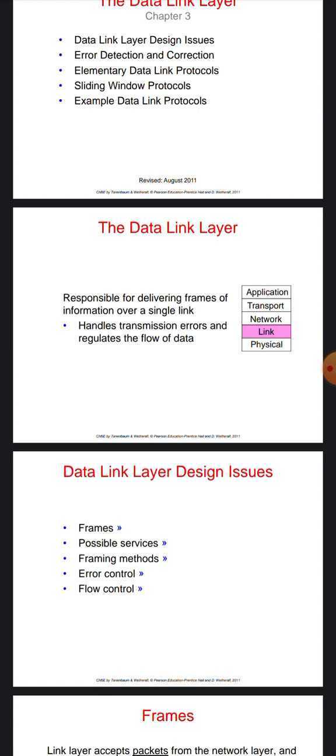Handles transmission errors and regulates the flow of data. These two are also the job of the data link layer. It will handle the transmission error, the error that will be generated during the transmission, that will also be handled by data link layer. And it will also regulate the flow of data, like we are talking about flow control. This is also part of data link layer.